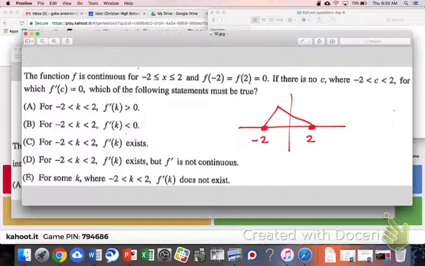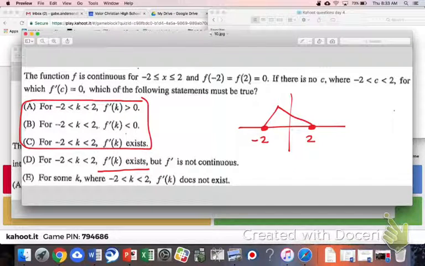So then if you selected D, if you draw the picture, that really eliminates A, B, and C. Then you look at D, which was the common wrong answer. It says that for the open interval, f prime of k exists, but f prime is not continuous. This is difficult because this part, I would say, is true. f prime won't be continuous.